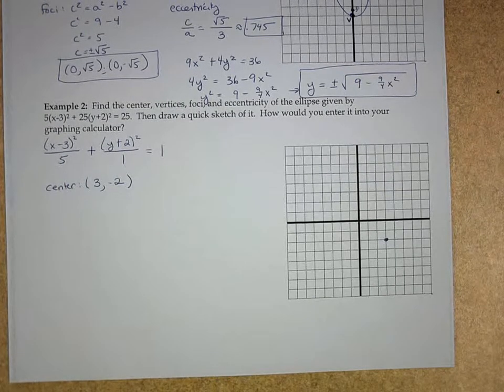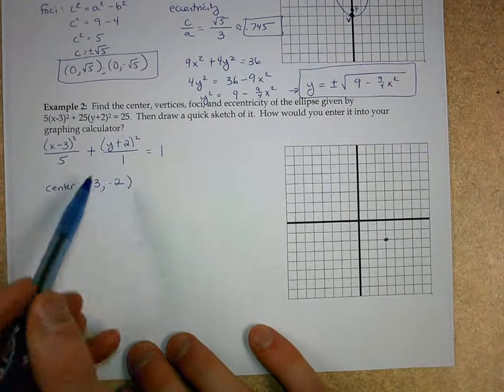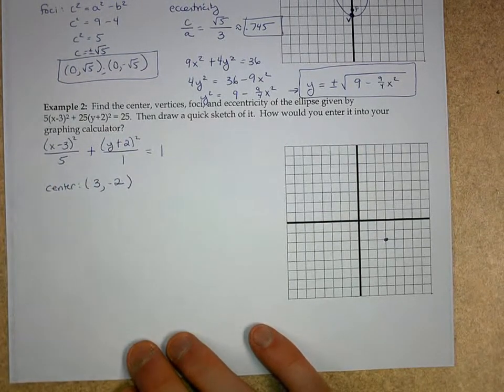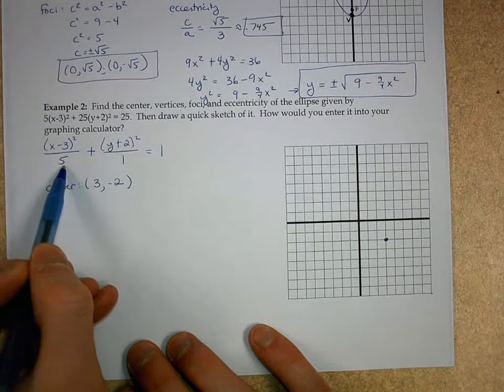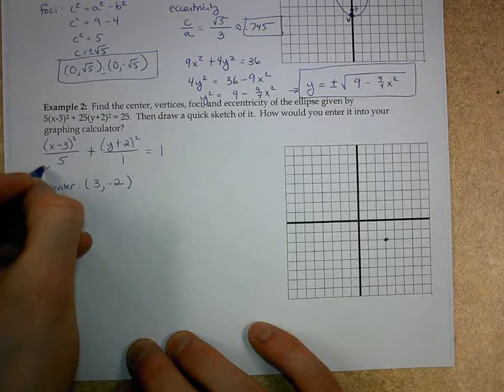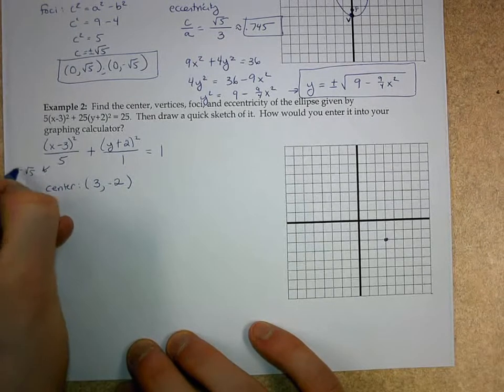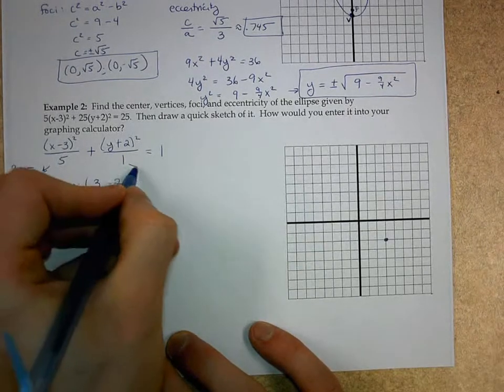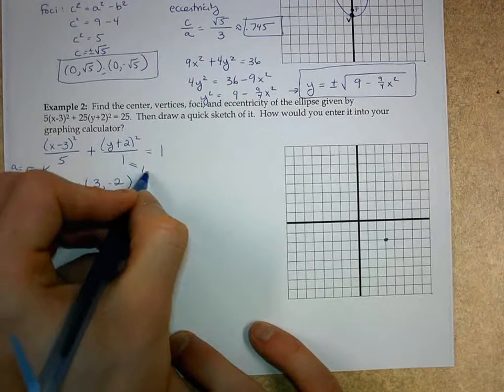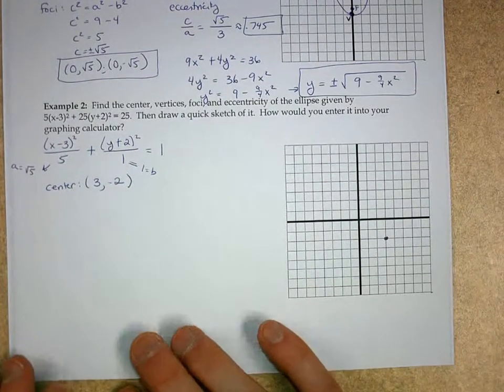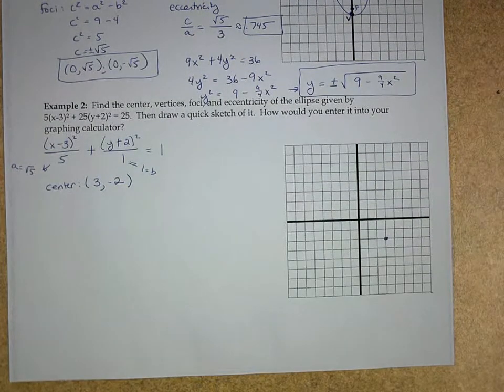So that means it's going to be longer in the x direction. These values down here are squared values. Since this is the larger number underneath the x, this is the a squared. So what we'll do for each of these is we take the square root of each. There's going to be my a. The square root over here is just 1, which is going to equal b.